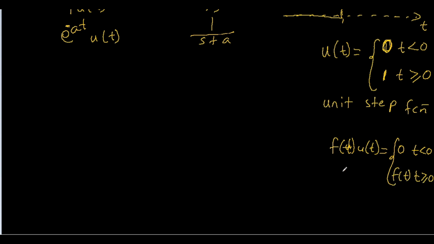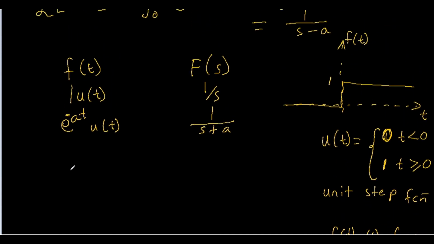So whenever I multiply any function by u of t, it has a value of 0 for t less than 0, and a value of f of t when t is greater than or equal to 0.